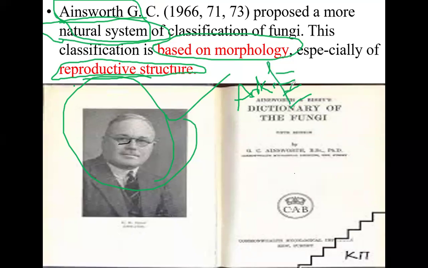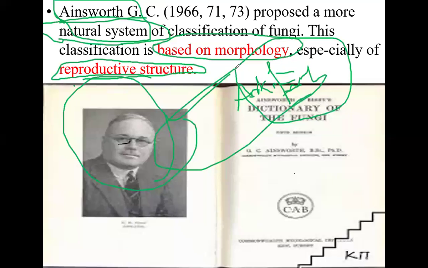Artificial classification, not the natural classification. He has taken only the stamens character, only one morphological character. That's why it is called an artificial classification. He has not considered all the morphological characters for the classification.